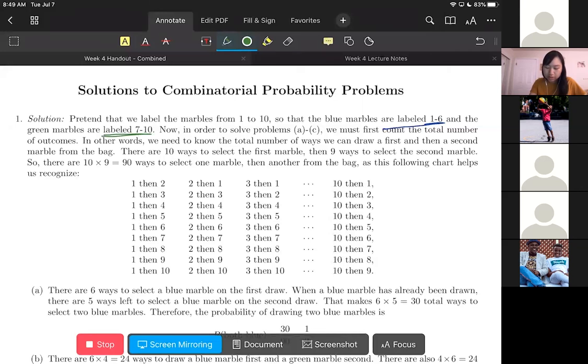Looking at this chart, we can first select marble 1, then marble 2, or marble 1, then marble 3, or 1, 4, 1, 5, all the way to 10, 1, 10, 2, to 10, 9. So if we write out this chart, that's another way to see that we have 10 times 9 total outcomes if we care about the order.